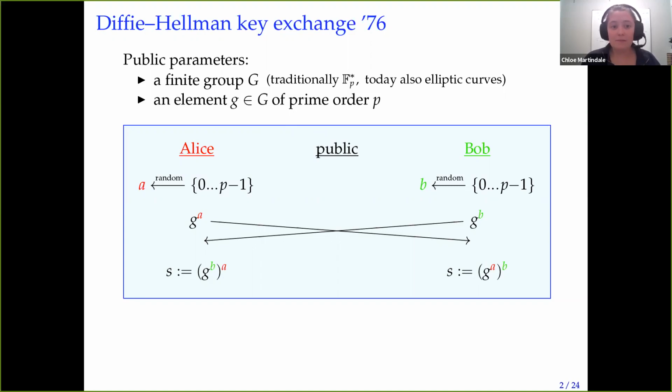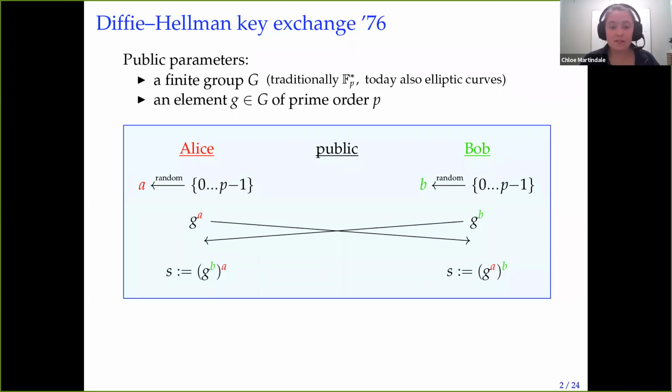Well, they each choose a random number between 0 and p minus 1 using some pseudo-random number generator that they download off a standards website. They raise the element g that they've chosen in their group F_p star to the power a or b for Alice and Bob respectively.